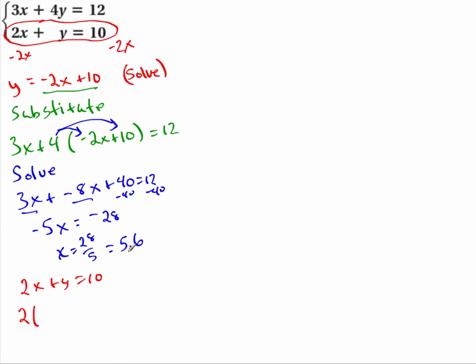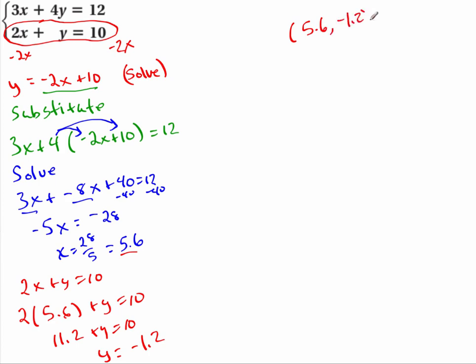Now everywhere I have an x, I'm going to put in 5.6 plus y equals 10. So this is 11.2 plus y equals 10, or y is negative 1.2. So my solution is x is 5.6, y is negative 1.2.